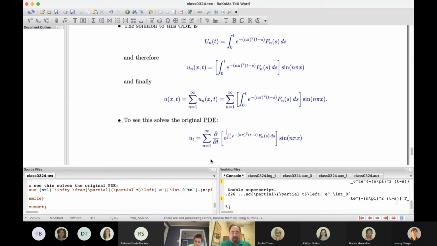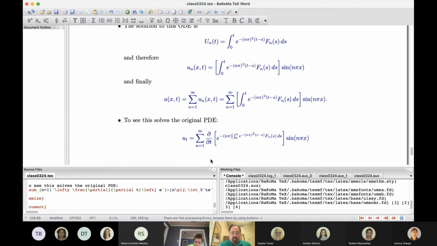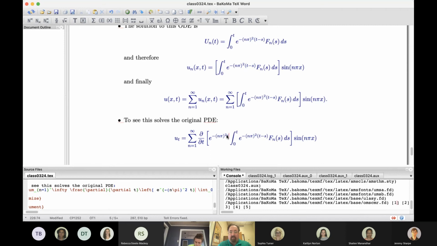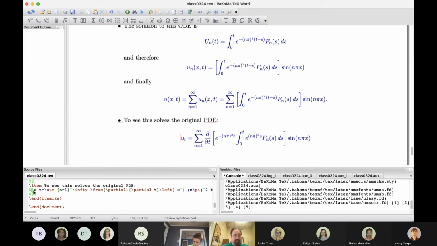So I could factor out e to the minus n pi squared t. So then I'll just have that left on the inside, and then I'll just cancel the minuses. And then to take the derivative of all this with respect to t, I would need the product rule.